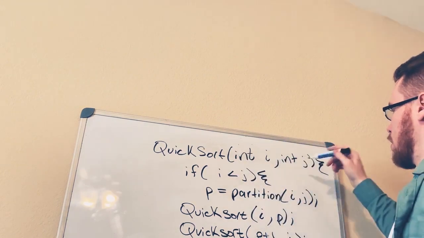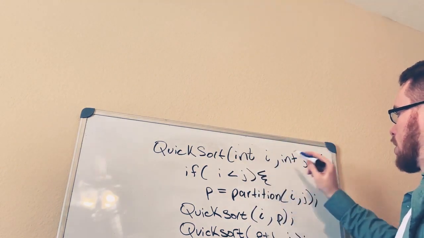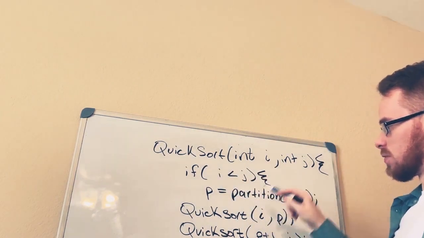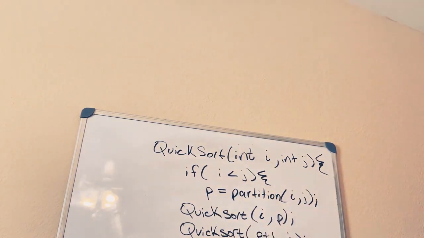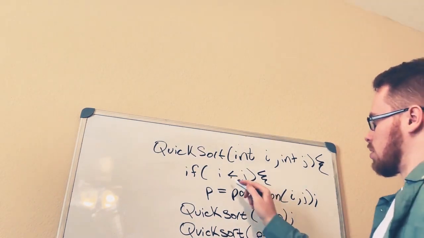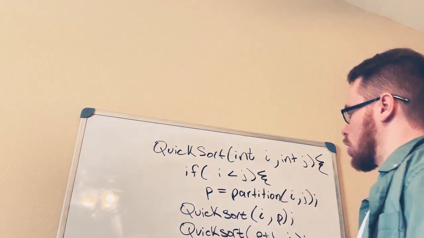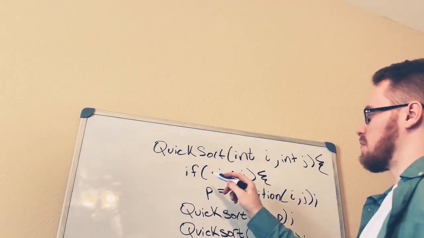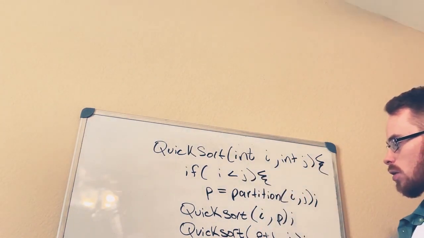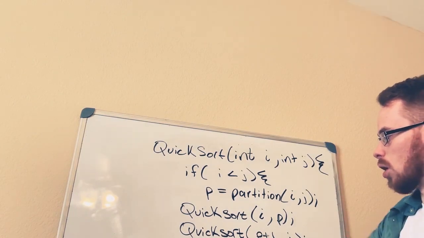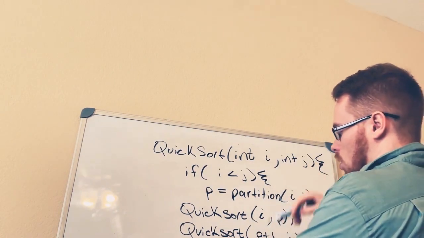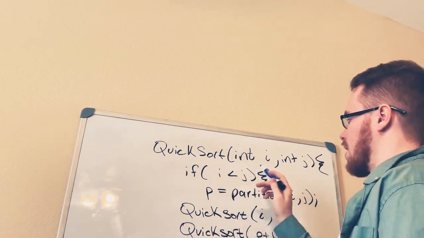You pass in the low index and the high index. This is going to keep recursively quicksorting until you get to your base case. Your base case is when i is not less than j. I don't have it coded up here because that would be a waste of code, but it's going to keep calling this until i is not less than j.